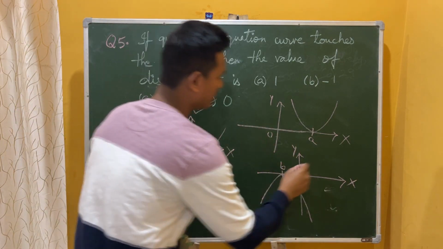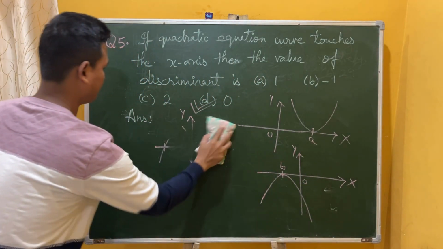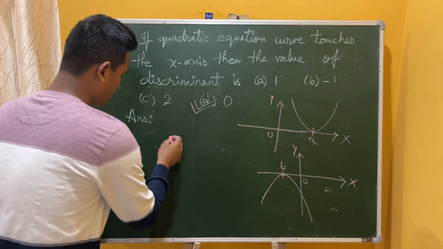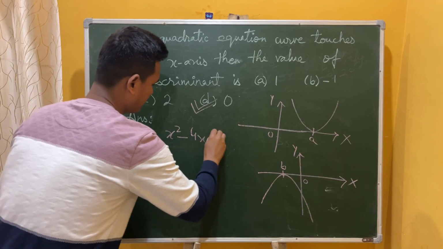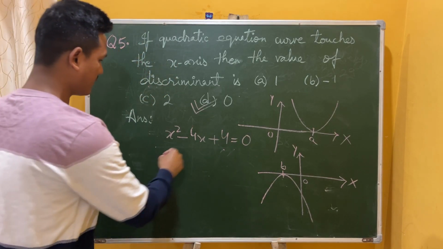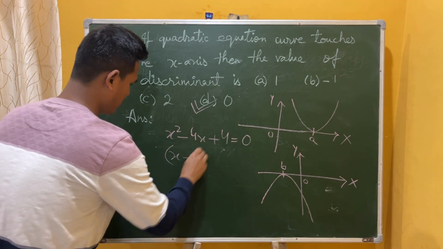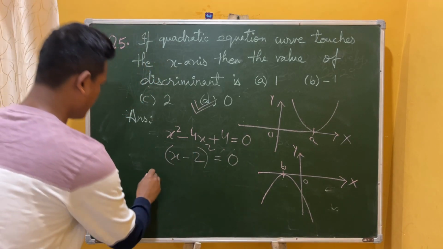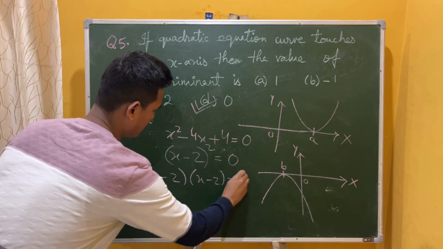For example, you can think of a quadratic equation like this. Although I'm taking a little bit more time, let us understand. x square minus 4x plus 4 equals 0. If you factorize this equation, you'll get (x minus 2) square equals 0. This means x minus 2 and x minus 2.